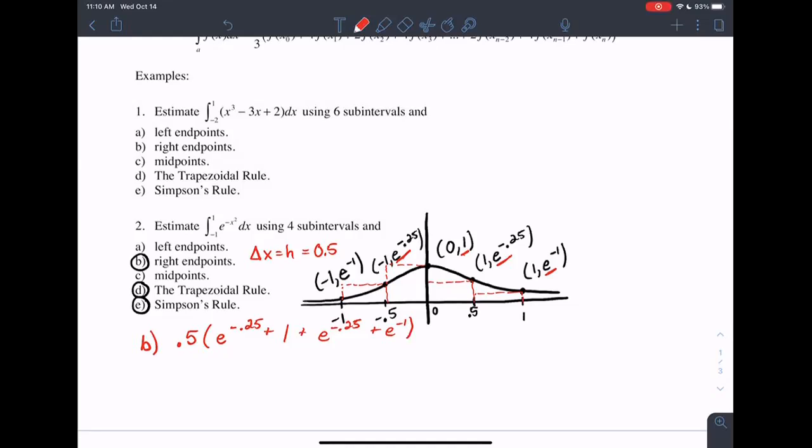So e to the minus 0.25. Okay, so I got on that first one, my calculator says that's approximately 1.46274.